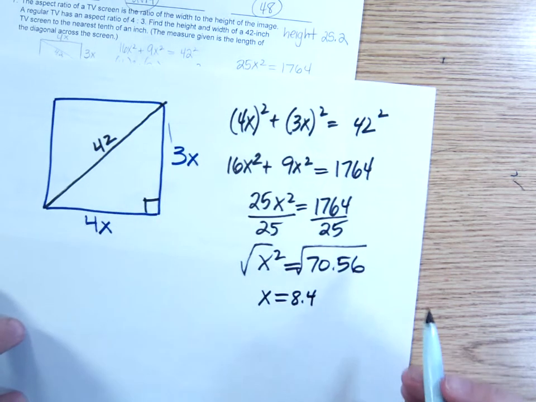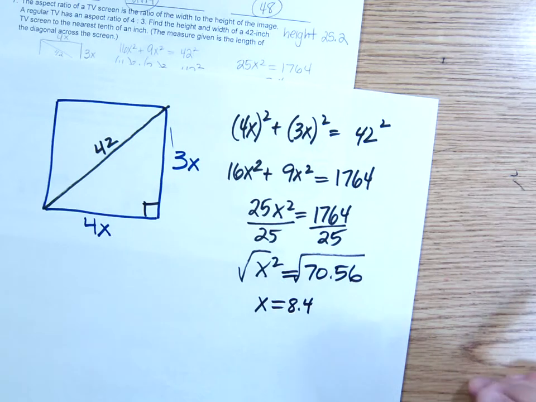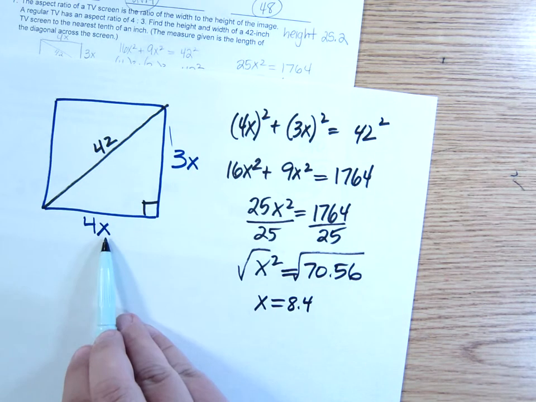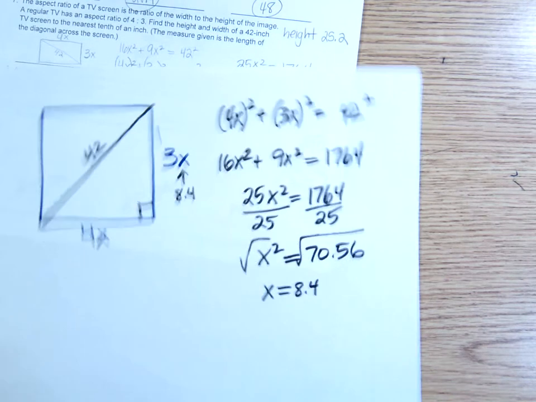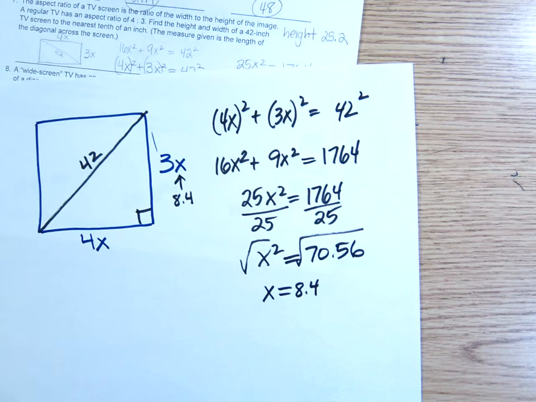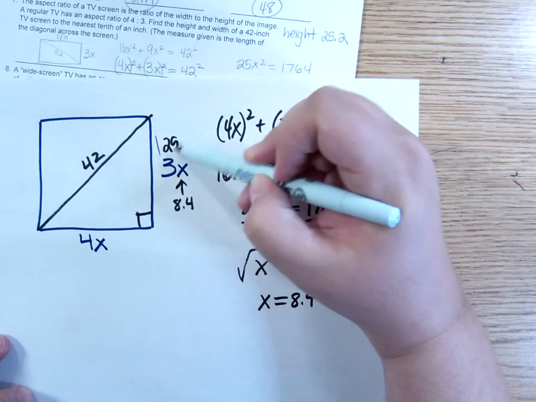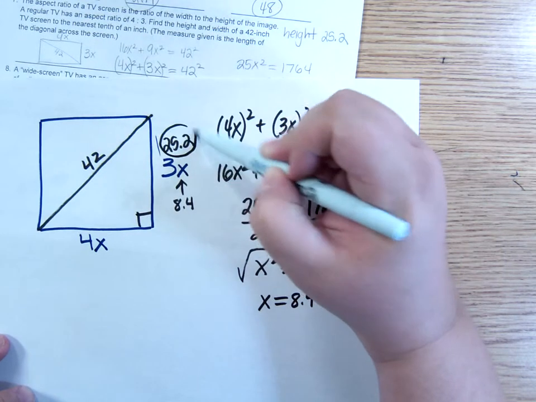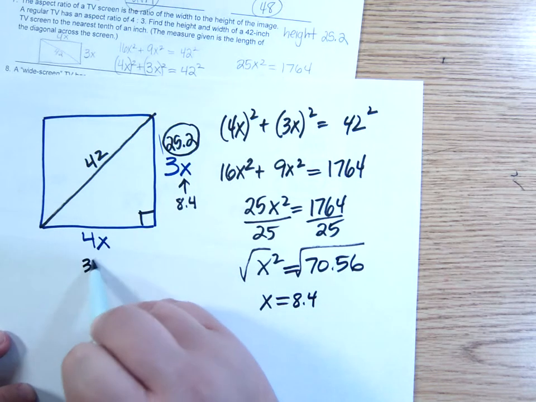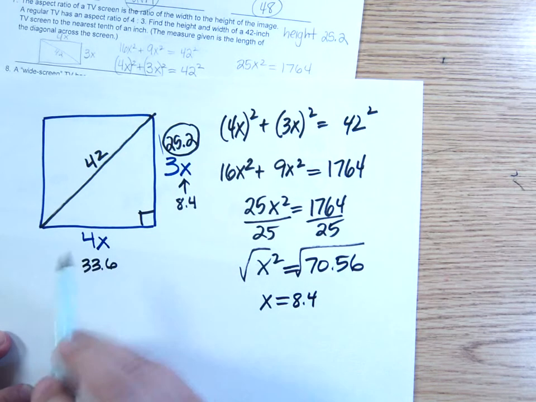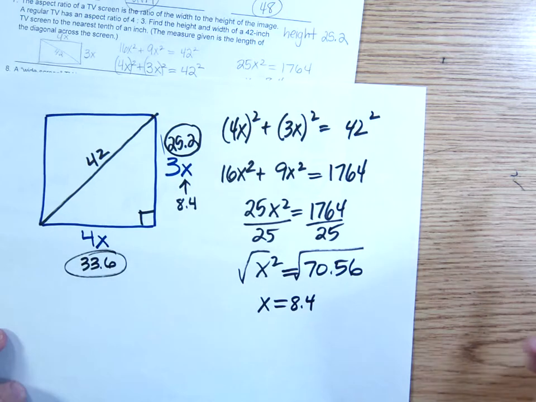The question asks me for the height and the width, so I have to go back and plug in this 8.4. When I plug in 8.4 here, I get 25.2. So the height is 25.2. And when I plug in 8.4 here, 4 times 8.4 gives me 33.6. So the width is 33.6.